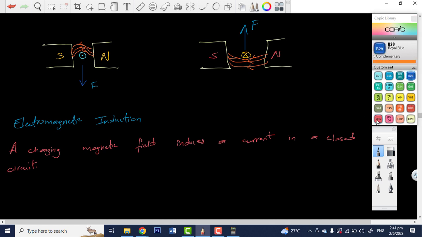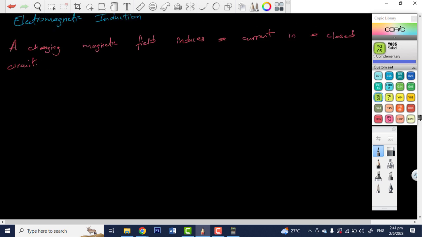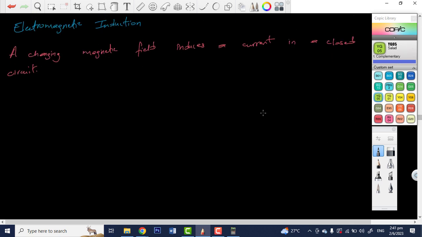Now, scientists studied electromagnetic induction, and there are two things that we need to talk about. The first thing we need to know about is Faraday's law. Right? Faraday's law of electromagnetic induction, but I'm just going to simply say Faraday's law.